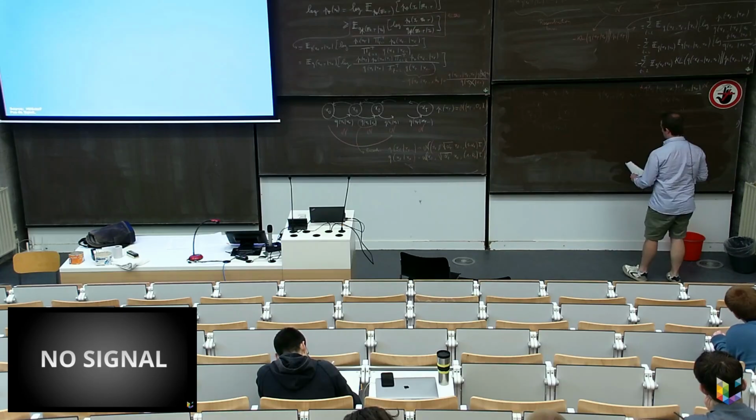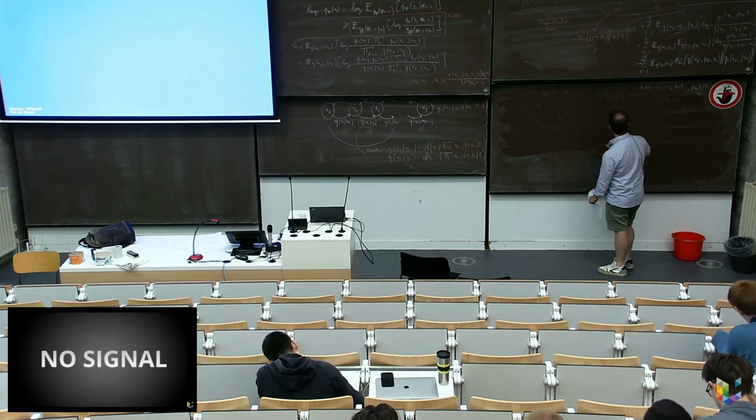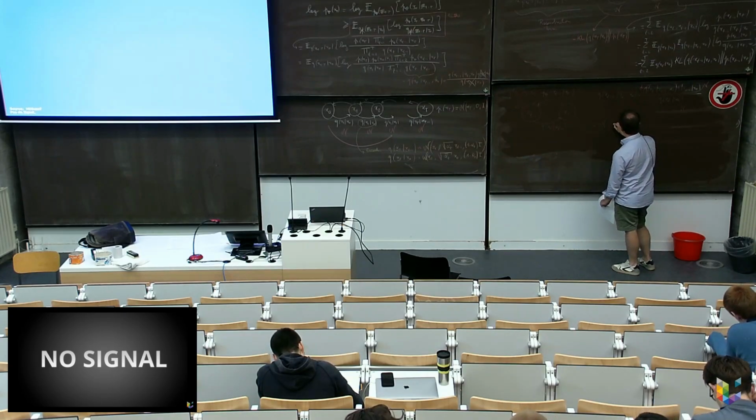And so if we derive everything, we arrive to a Gaussian distribution over xt minus 1.